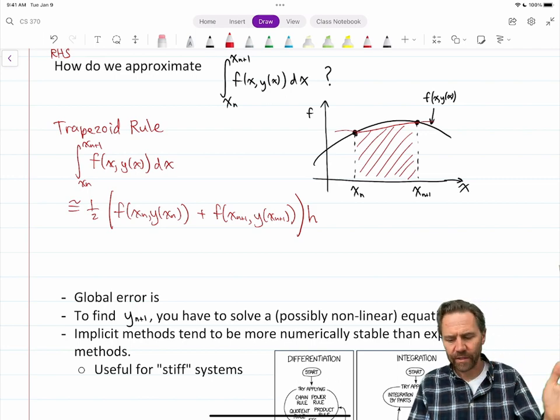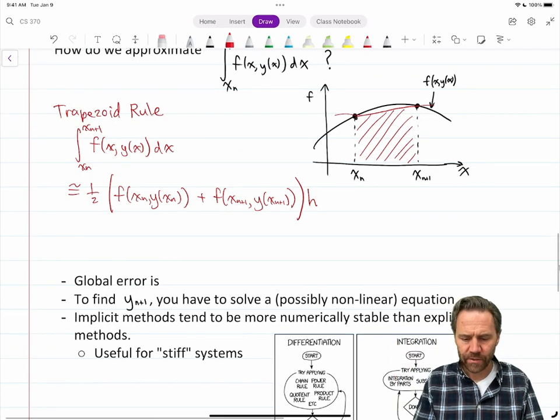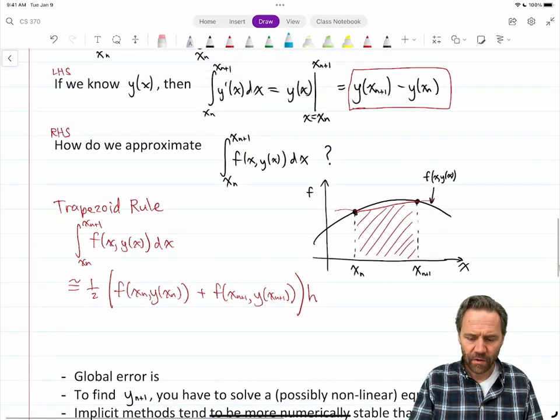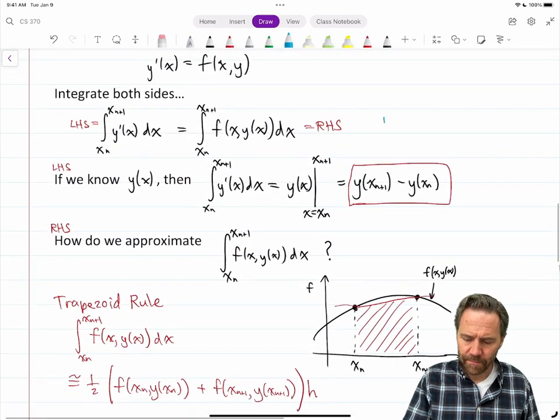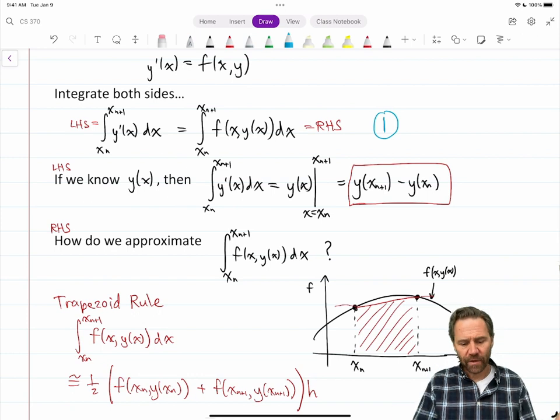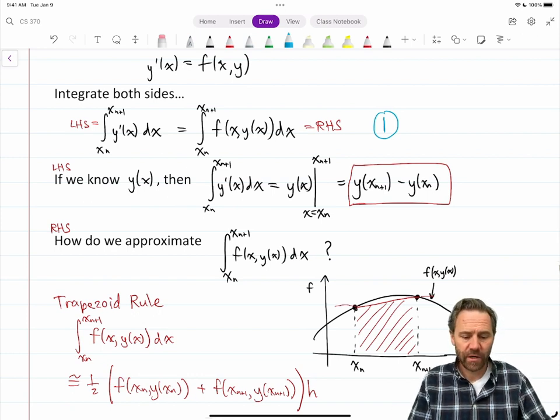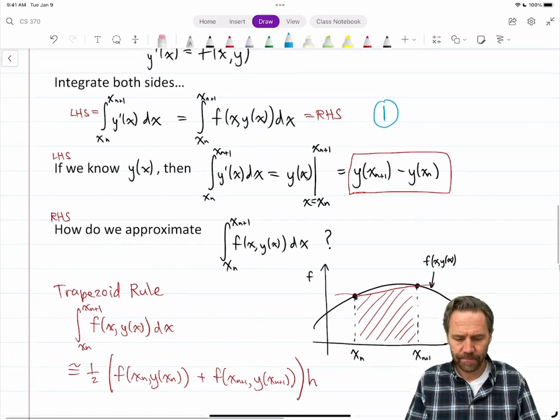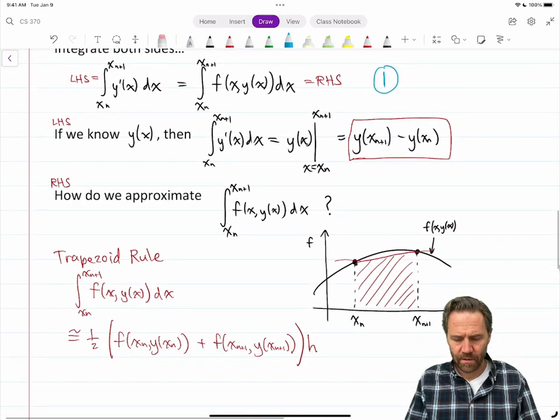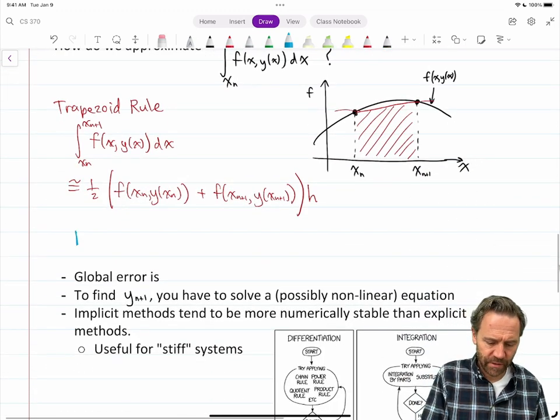So the average of the two heights times the width. So that gives us, if I call this equation up here 1, my integral equation, we can turn it into a differential equation. So 1 turns into this thing here.